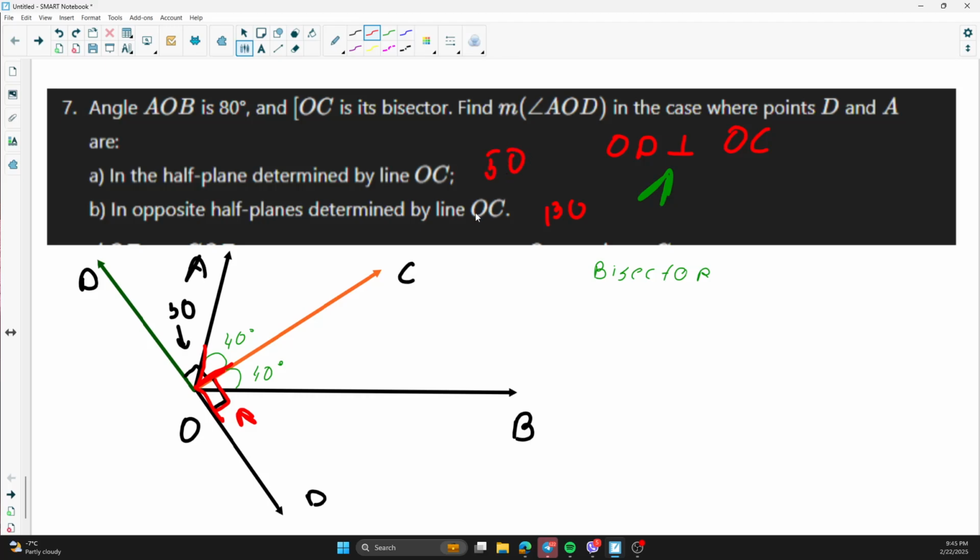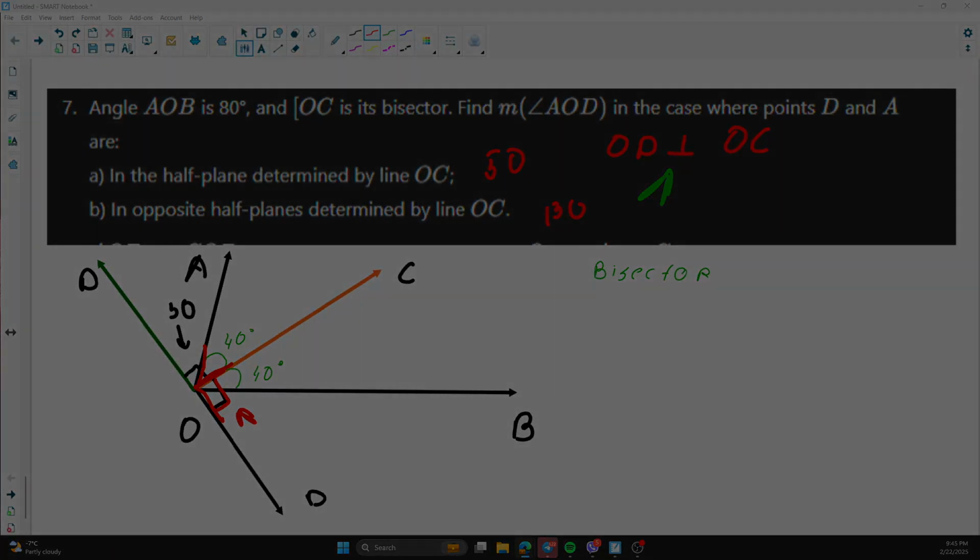When it's on this part, it's 50. When it's on this part, it's 130. The OD and OC need to be perpendicular, forming a 90-degree angle. I really need to find a better translation. I'm going to make my AI translate better. We're going to make a whole software just to translate the problem.